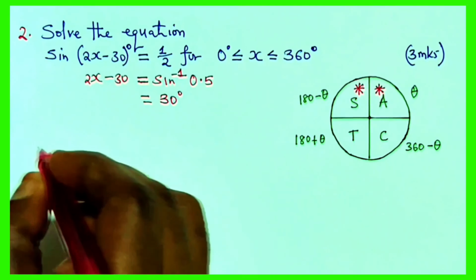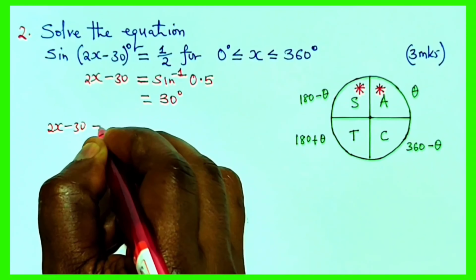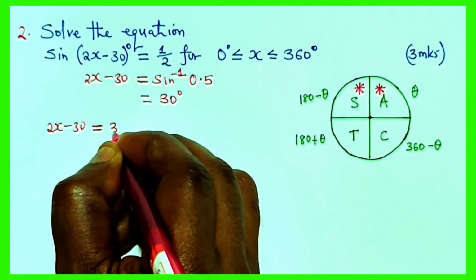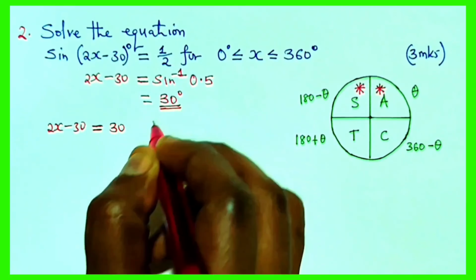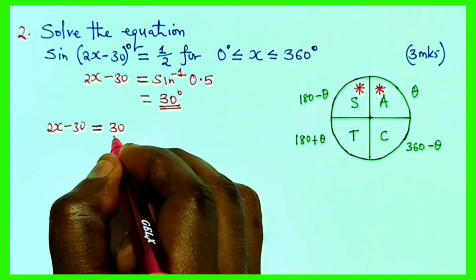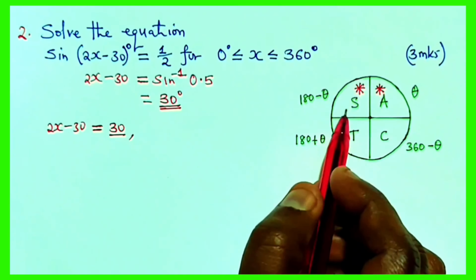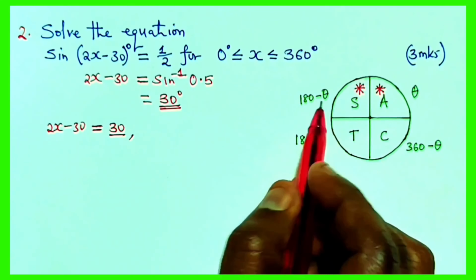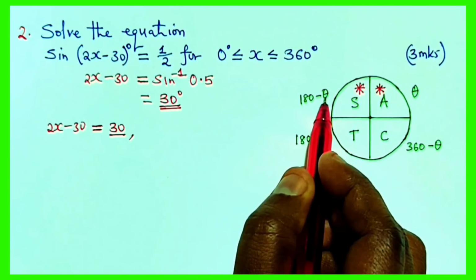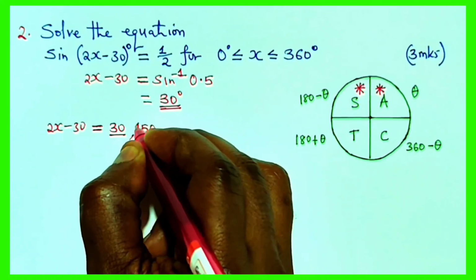We can consider several values of 2x minus 30, which will be equal to 30 degrees that we've considered here. So the first angle will be 30 degrees, and then the second angle, which will be found in the second quadrant, will be 180 minus 30 degrees, which will be equal to 150 degrees.